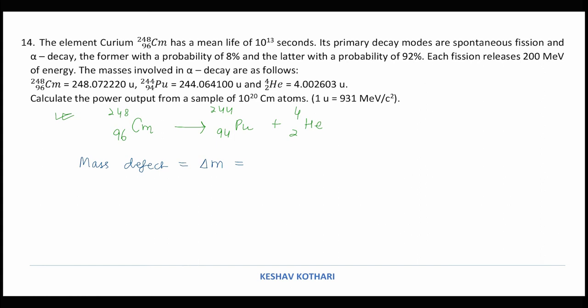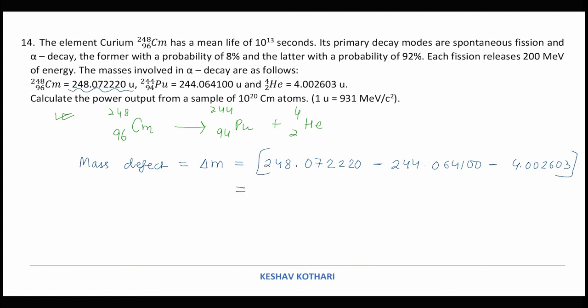Here the mass of reactant is 248.07222, minus the mass of product, which is 244.06100 plus helium, that is 4.002603. This will give us the value of mass defect in AMU.